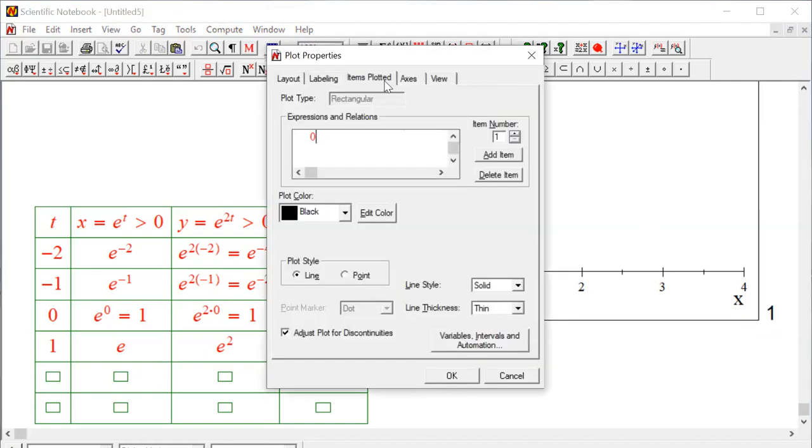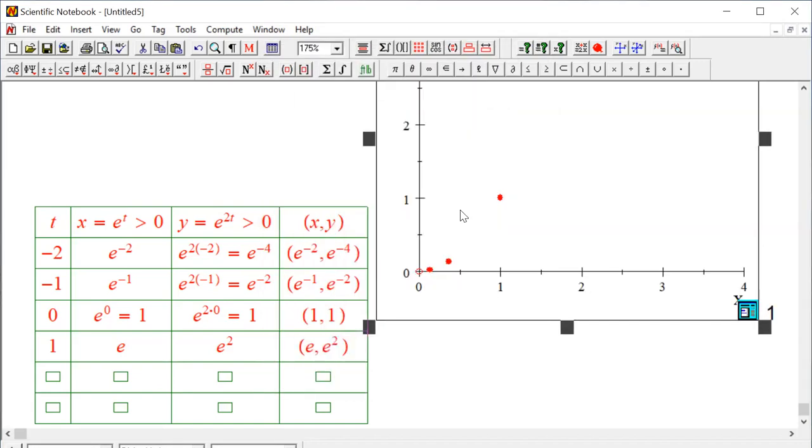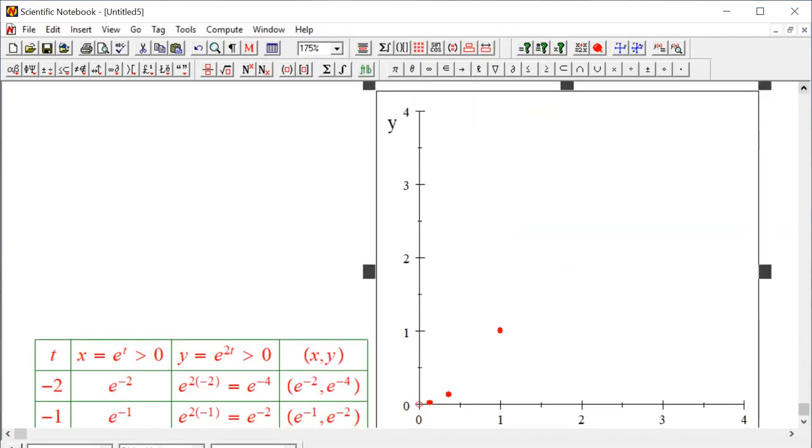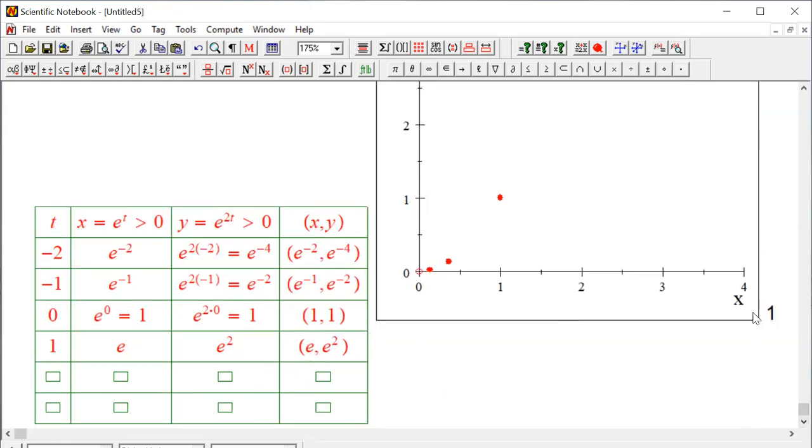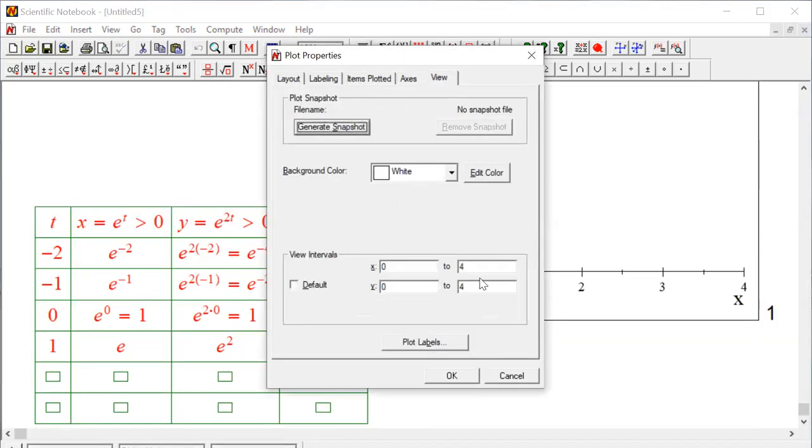I think I will have to make an adjustment. It doesn't show. E squared is off the chart, so I need to make some adjustment.